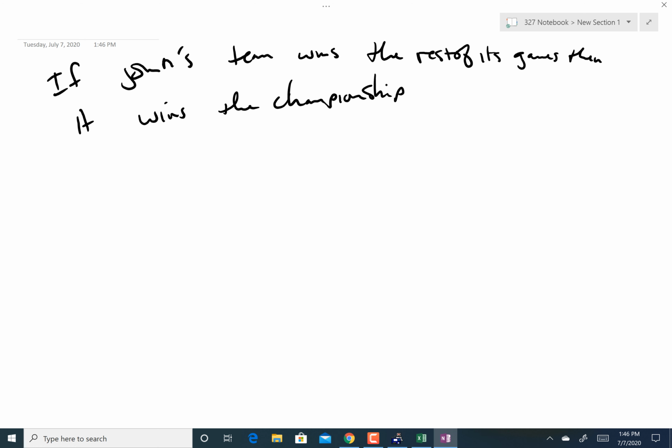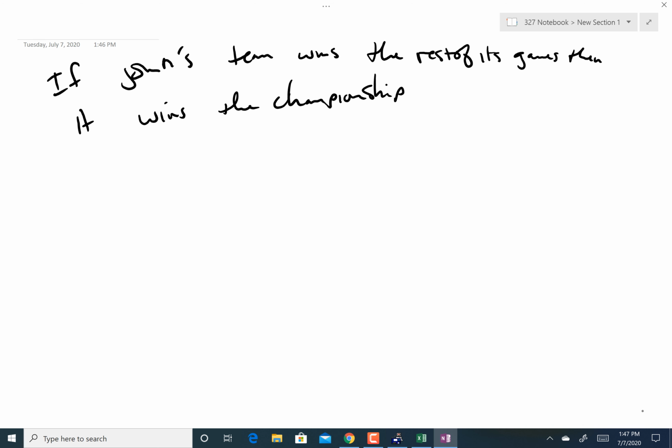Yep, again, that is a sufficient condition. And then a necessary condition. So we need to rewrite them in the if-then format right there. Okay, so that one right there is 44.